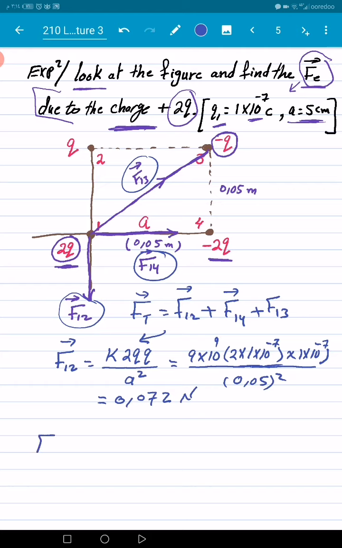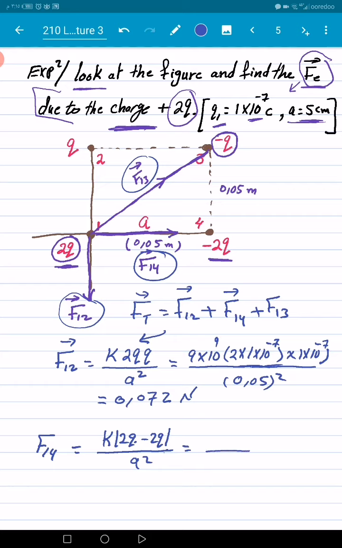Number 2, F14. Same, 1, 4. So K, 2Q absolute value, minus 2Q, so that means remove the minus, a squared.